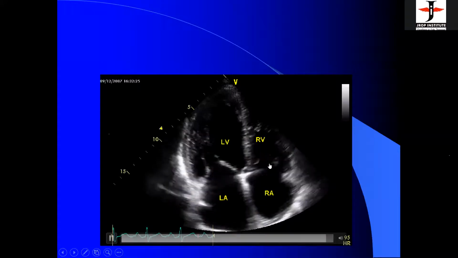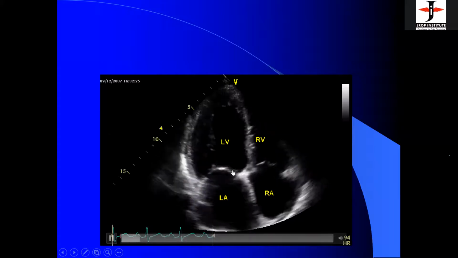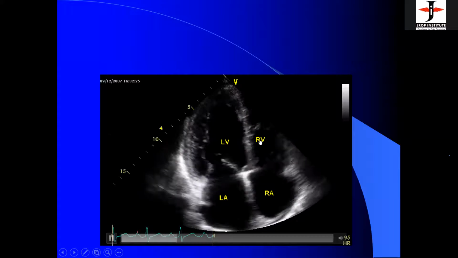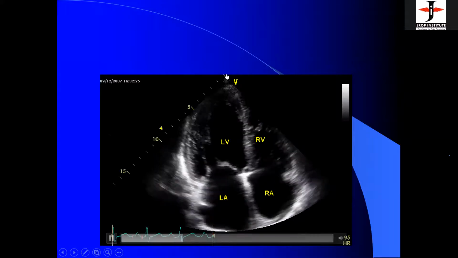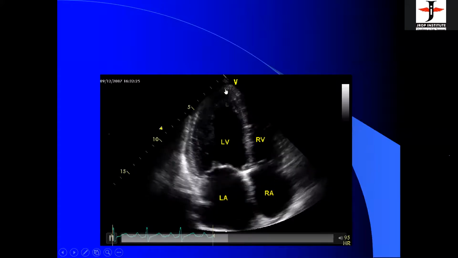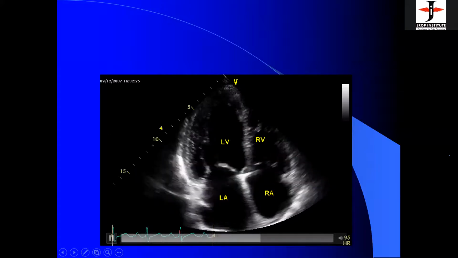So here you see the tricuspid valve is attached more toward the apical side as compared to the mitral valve. So this has to be the right ventricle. Now you see the transducer is always pointing from above downwards like this.